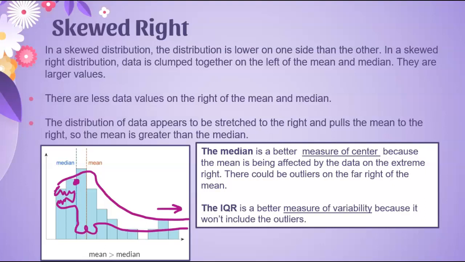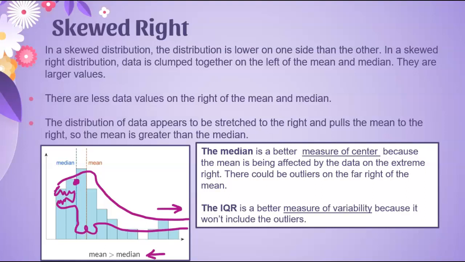The data values are going to be less on the right of the mean and the median, and the mean is going to be greater than the median here when we have skewed right data. So again, the mean is not going to be a good measure of center because it's being affected by any outliers on the right-hand side of the data.